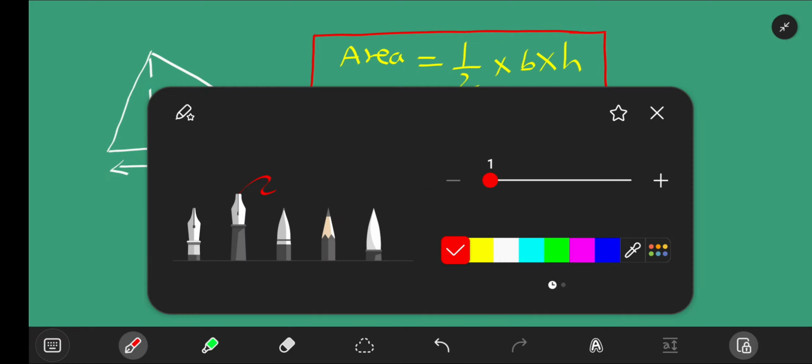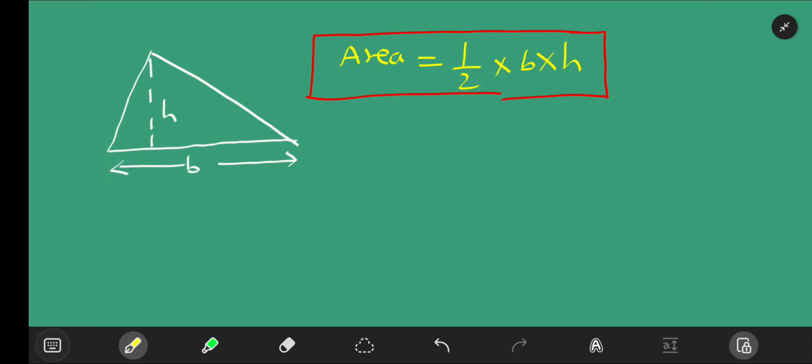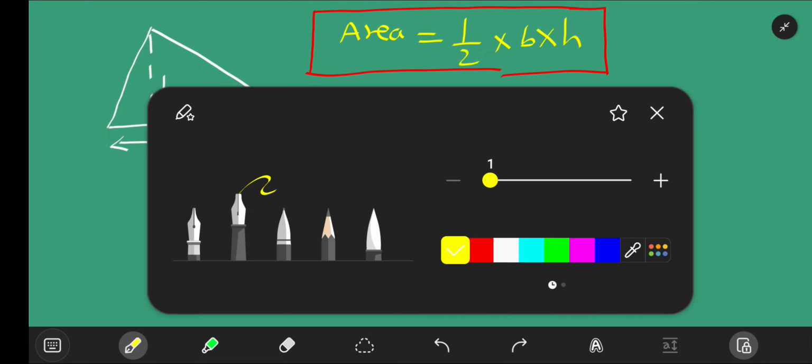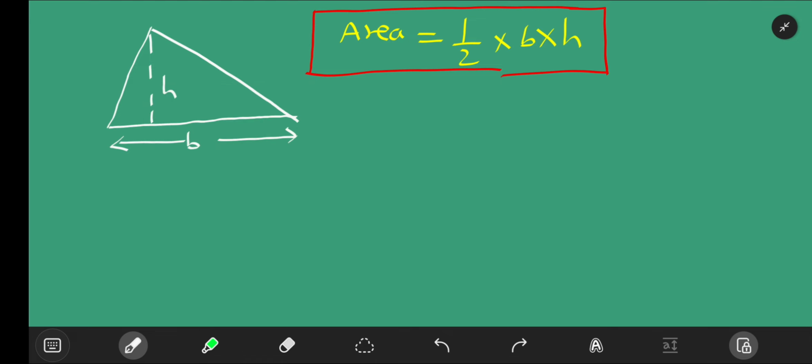When a right angle triangle is given, so this is the right angle here.